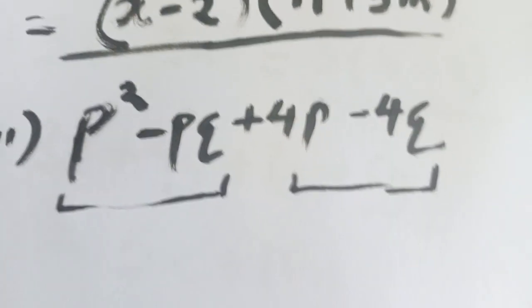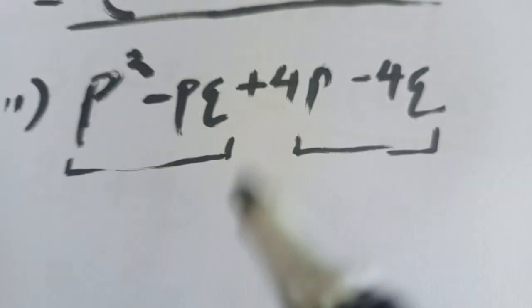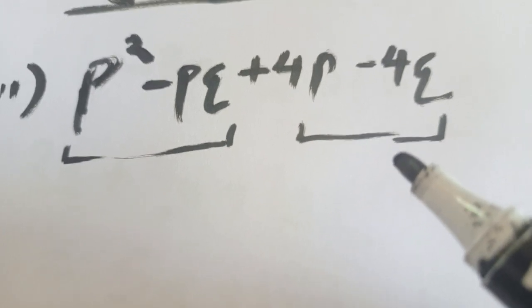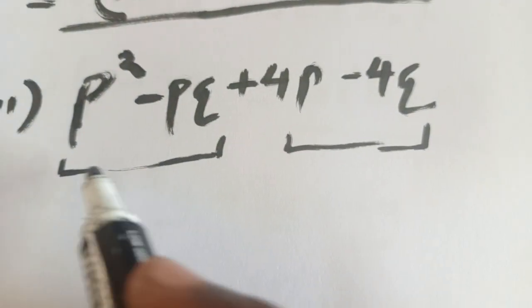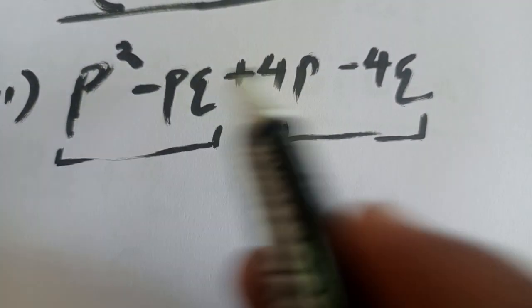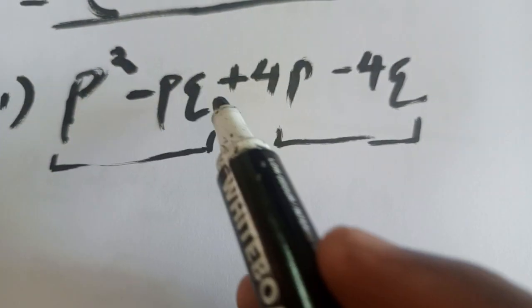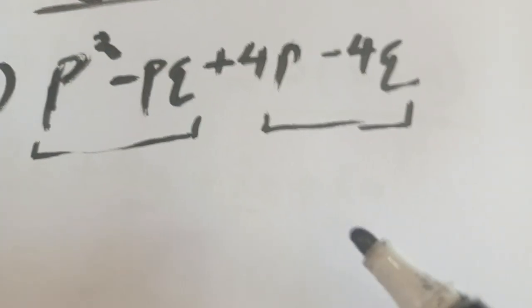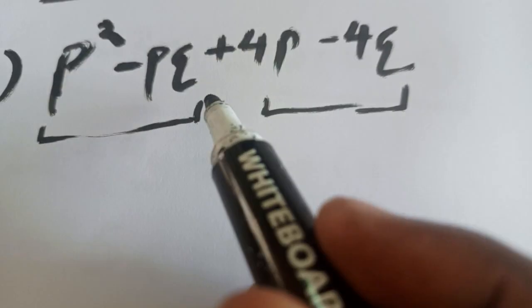You can still reorganize these and carry out the factorization, and you will get the same result. In other words, you can rearrange these terms and then group and factorize, and you'll get the same results. In this case, I'm going through it without rearranging.